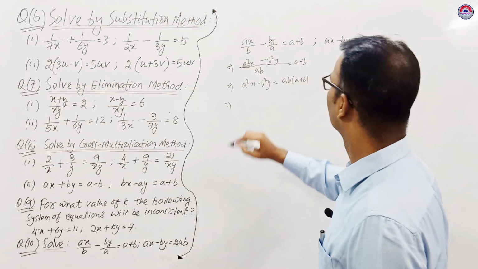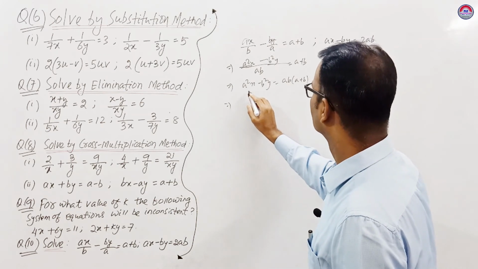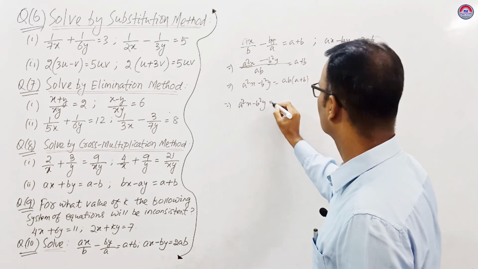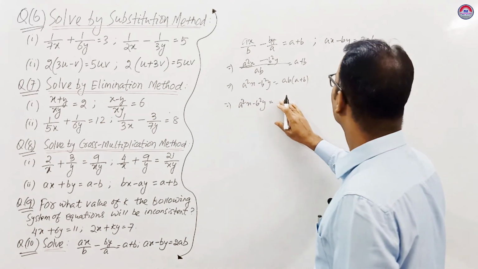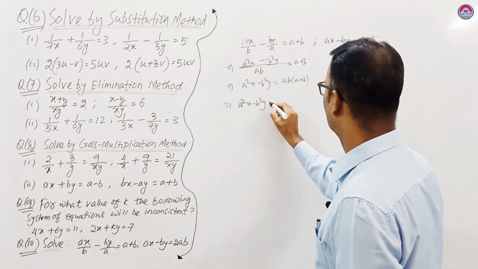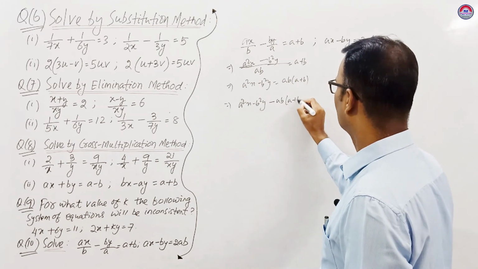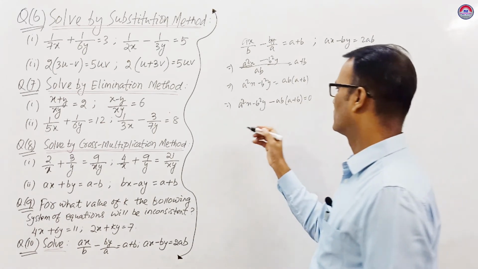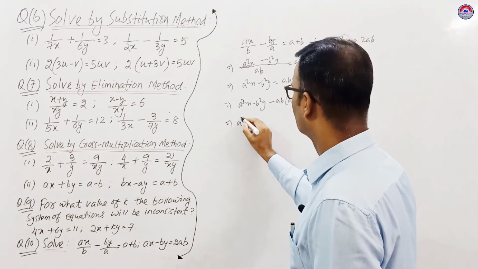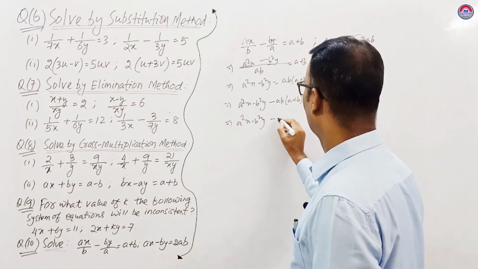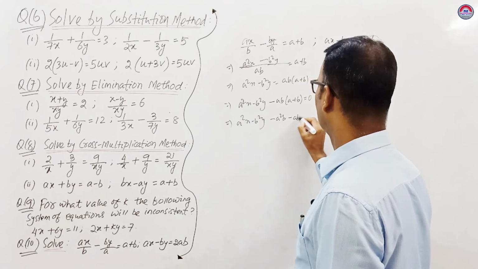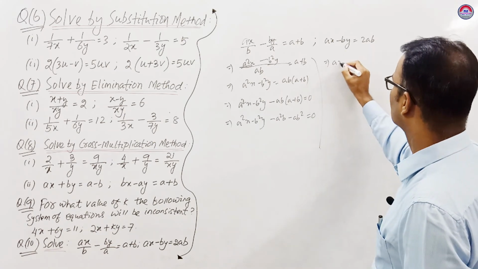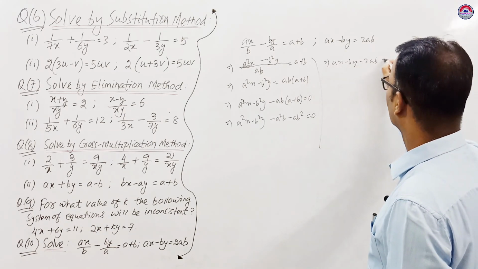Then you can write a square x minus b square y minus ab into a plus b equal to 0. If you open it again, it becomes a square x minus b square y minus a square b minus ab square equal to 0. Then the second equation is ax minus by minus 2ab equal to 0.